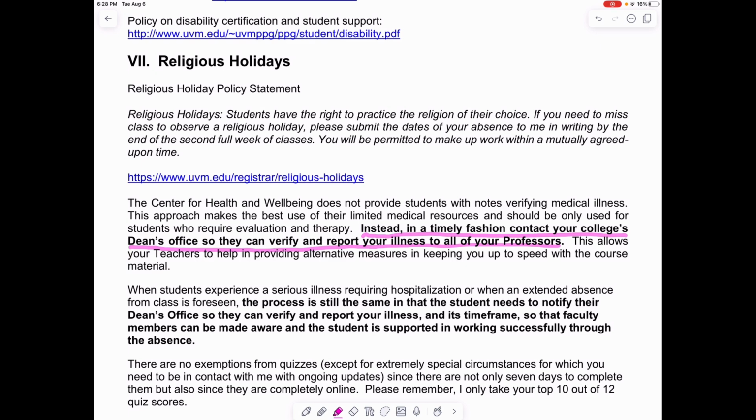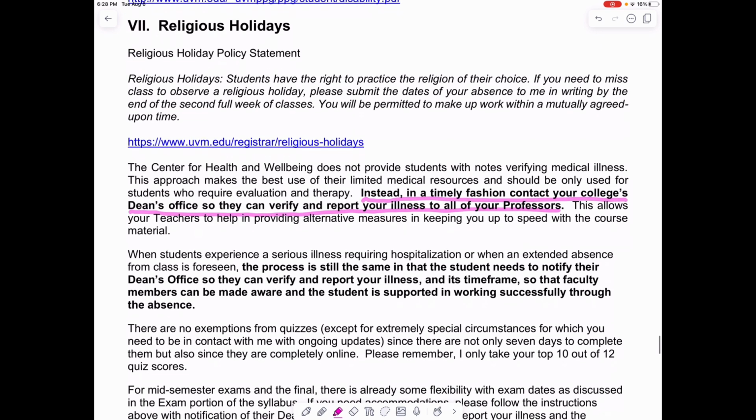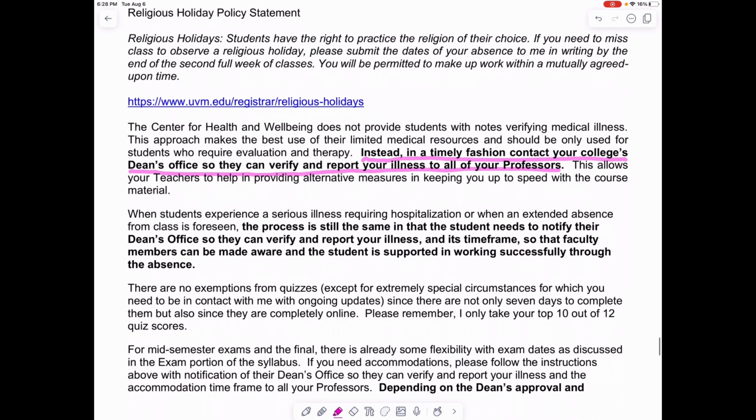Nothing wrong with going to the Center for Health and Well-Being because you're sick, but also make sure you contact your college dean's office so that they can verify it and talk to your teachers so that they can give you the proper accommodations. If it's something super serious, the process is still the same. Notify your dean's office.